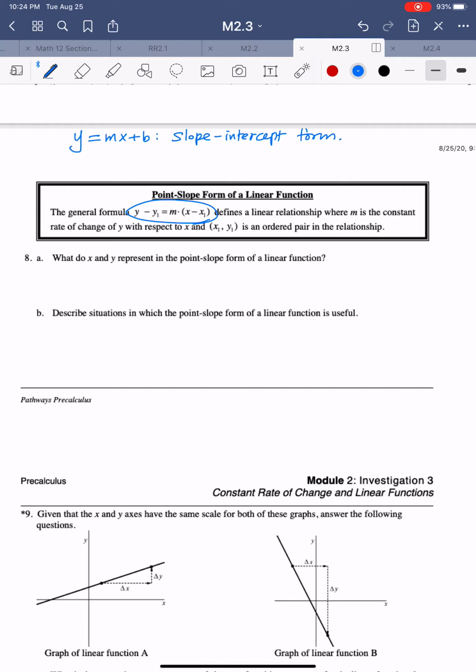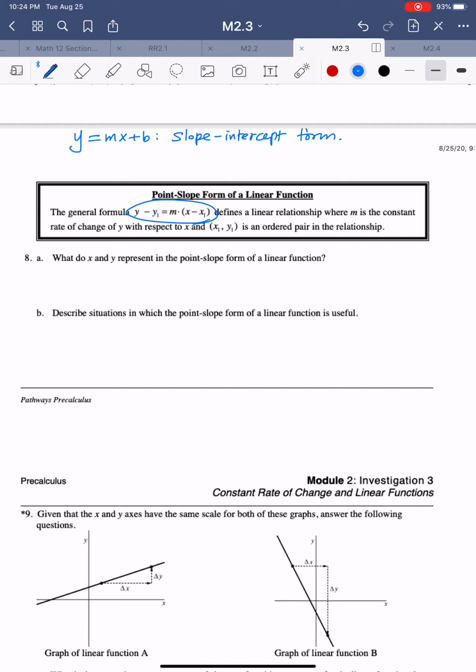So what do x and y represent in the point slope form of the linear function? x and y in the point slope form represent the values of the two varying quantities related by the linear relationship between the ordered pair x and y. They all satisfy the linear relationship.